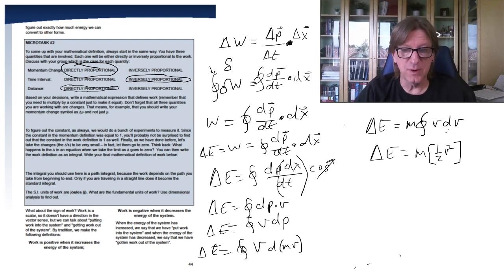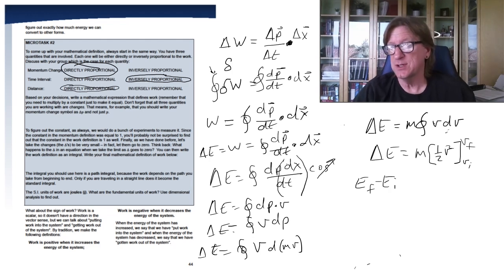My work is different all the way through, but my energy change along that path is going to be going from one velocity, my initial velocity, to my final velocity. So if I write this out, you should be able to agree that delta E is just my final minus my initial. That's our definition of a change. That is equal to, pulling the 1/2 out, 1/2 m times vf squared minus vi squared.